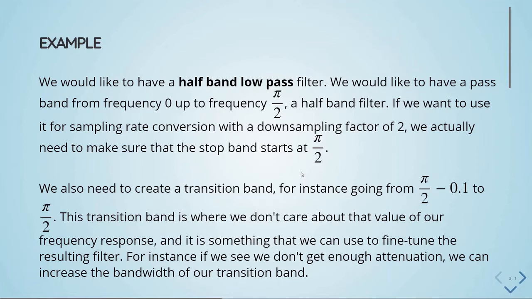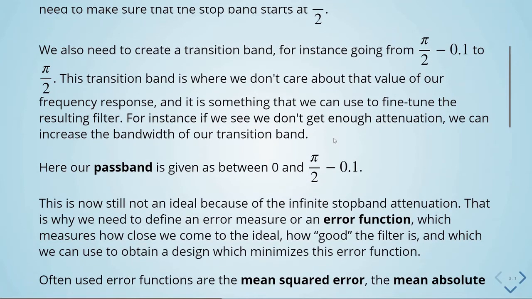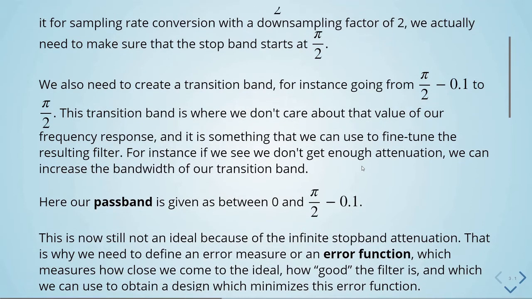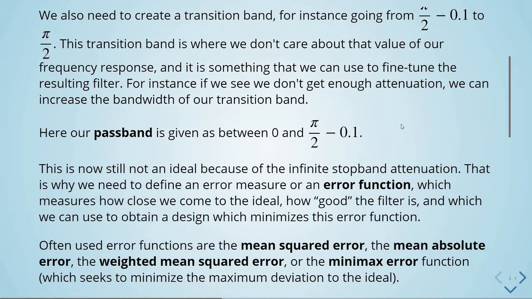So for instance, if we see we don't get enough attenuation, we can increase the bandwidth of our transition band. Here our pass band is given as between 0 and pi divided by 2 minus 0.1. So we have this transition band, and we have our pass band from 0 to pi divided by 2 minus 0.1. This is still not an ideal filter.